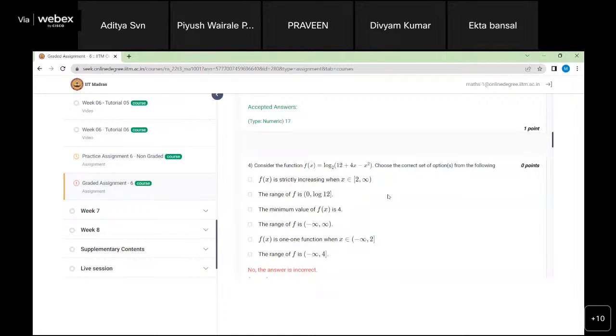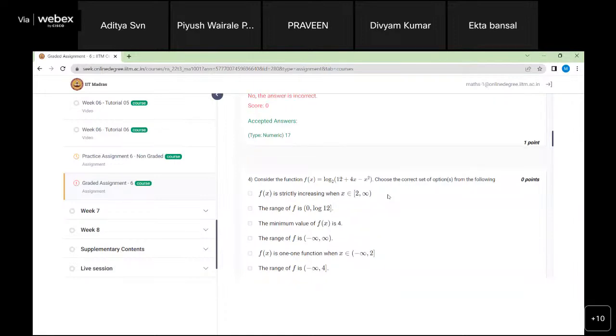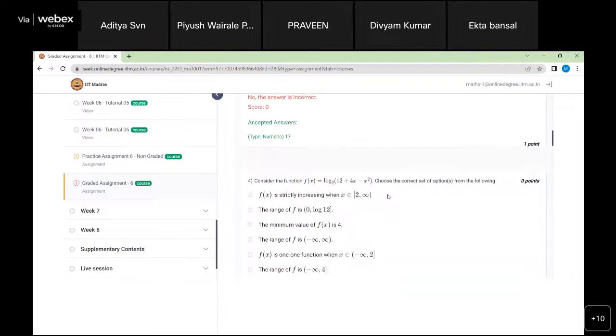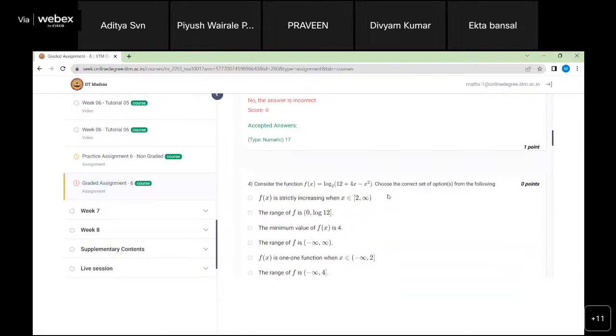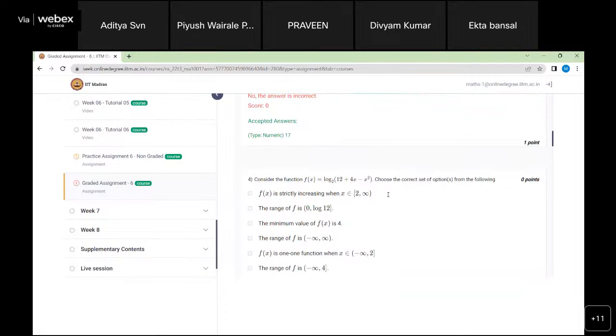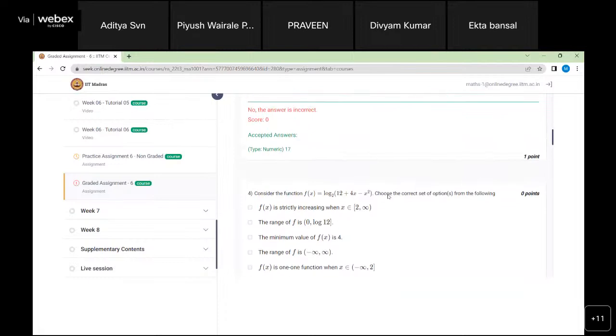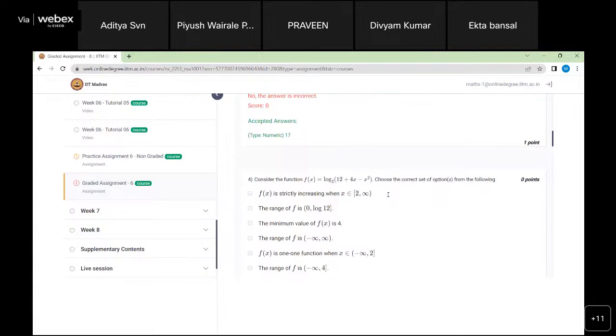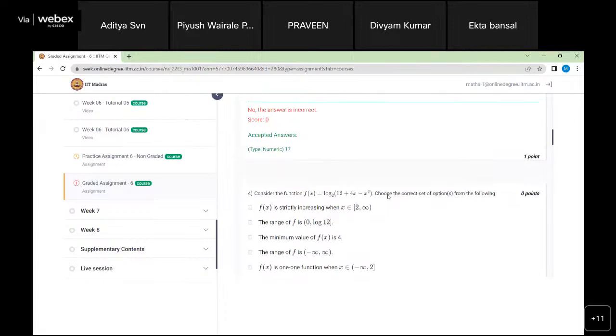Yes. If we put any value other than those between them, it will give a negative value, right?